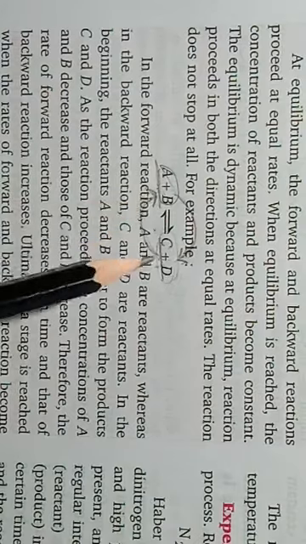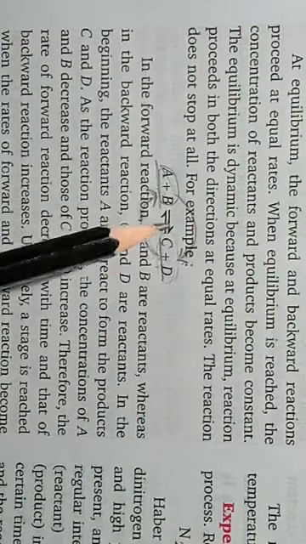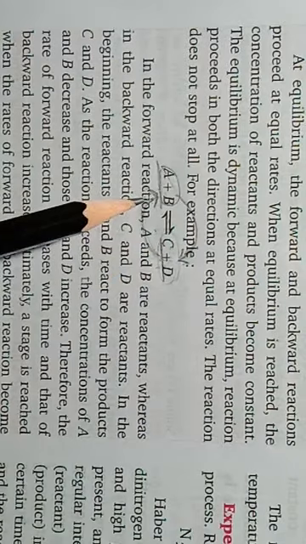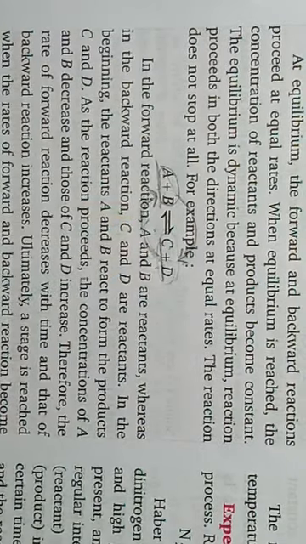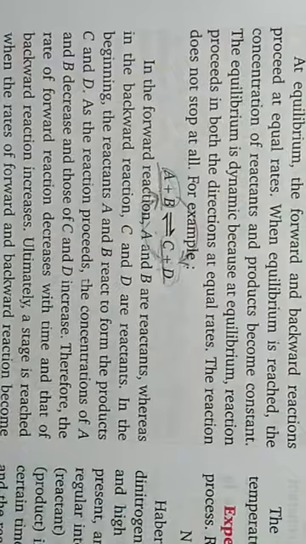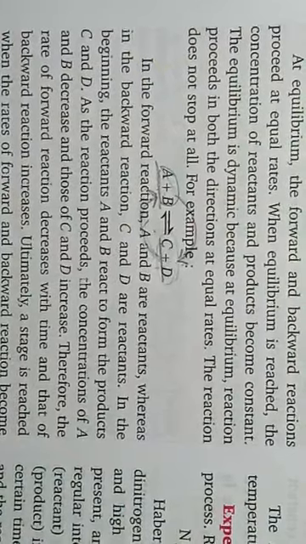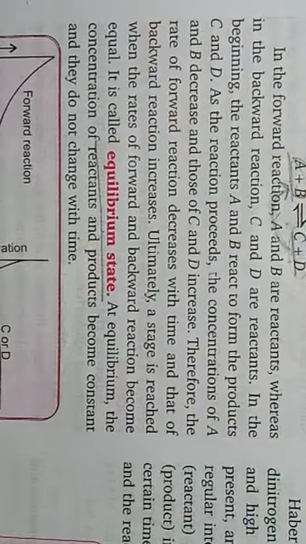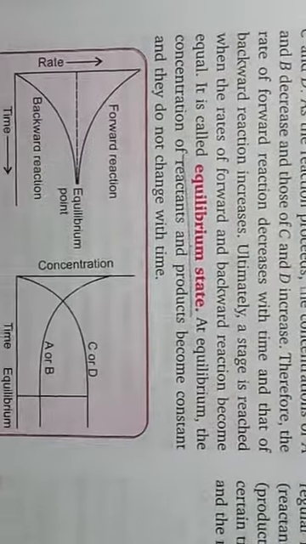That condition in a reversible reaction, when the rate of the forward reaction becomes equal to the rate of the backward reaction, is known as the state of equilibrium or equilibrium state.